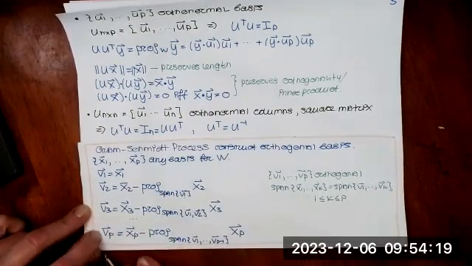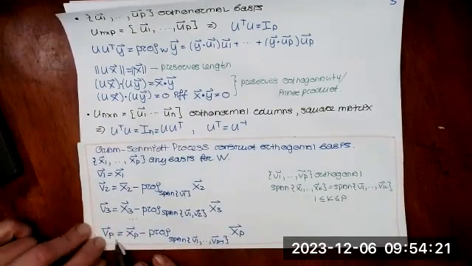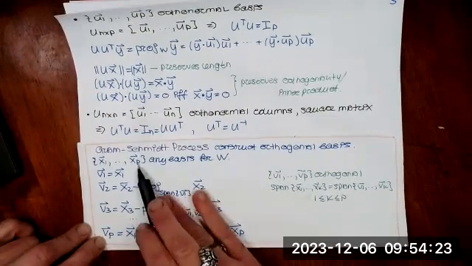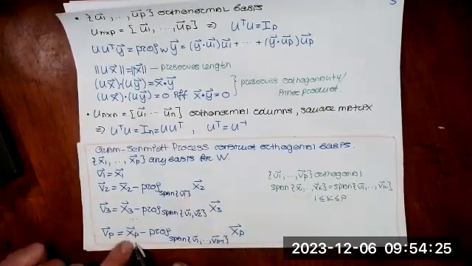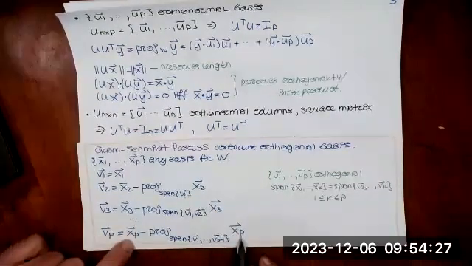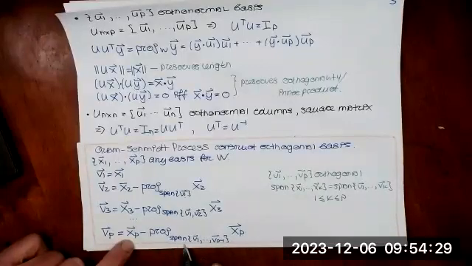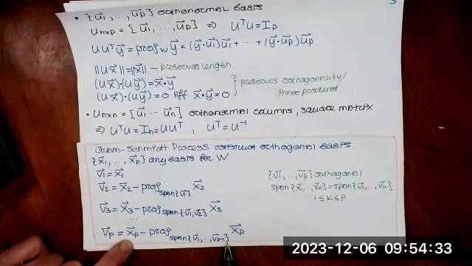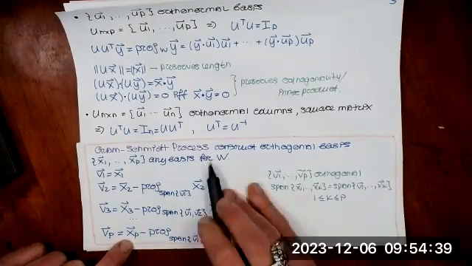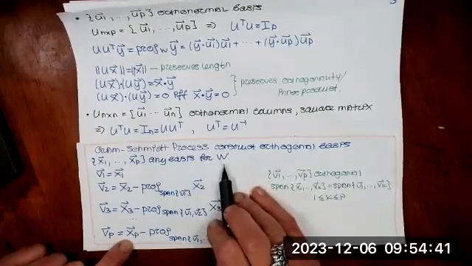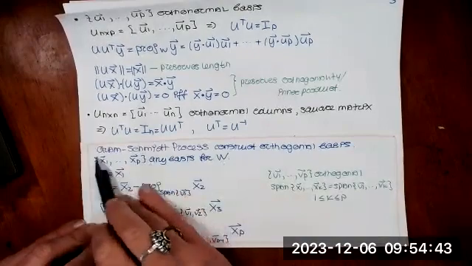You keep going like this until the very end. Your very last vector vp subtracts the part of that vector that lies along the span of all the previous ones, v1 through v(p-1). This generates our orthogonal basis for the same subspace W that we had the basis for.